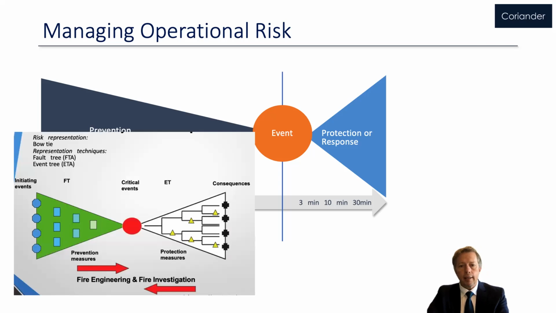And if you get a little more geeky into your risk management, you'll know that on the left-hand side, the prevention measures quite often get considered in terms of the Swiss cheese model or the layers of prevention, in a fire context often referred to as fire engineering. And then on the right-hand side, we have all of our protection measures, and the consequences are determined and quite often modeled using an event tree analysis.